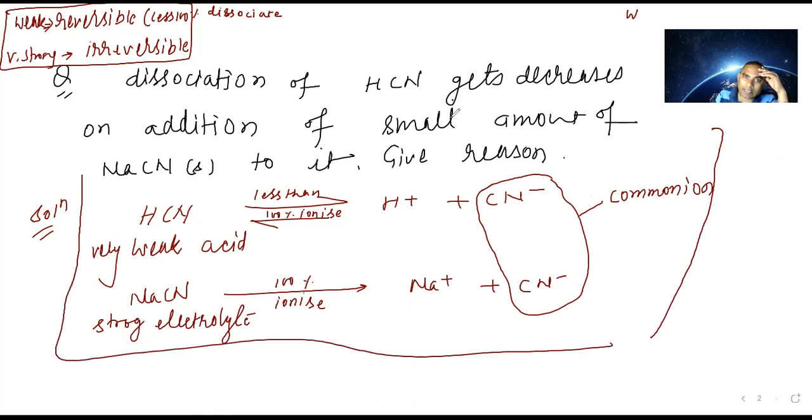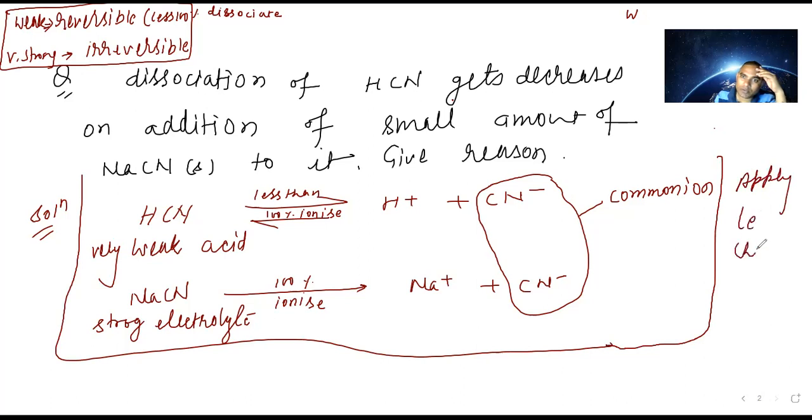So what they are asking is to apply the Le Chatelier principle. Just now you told me the Le Chatelier principle. If you apply it, check which side the concentration increased in the reversible reaction. Suppose it is 50% and 100%, so the total common ion, CN minus, is 150%.